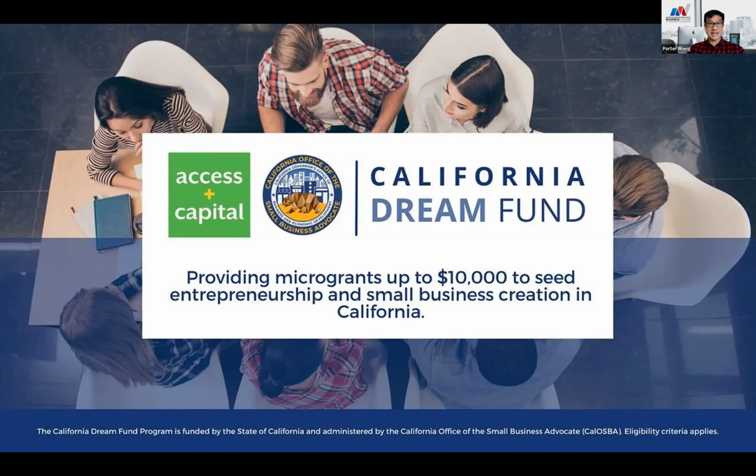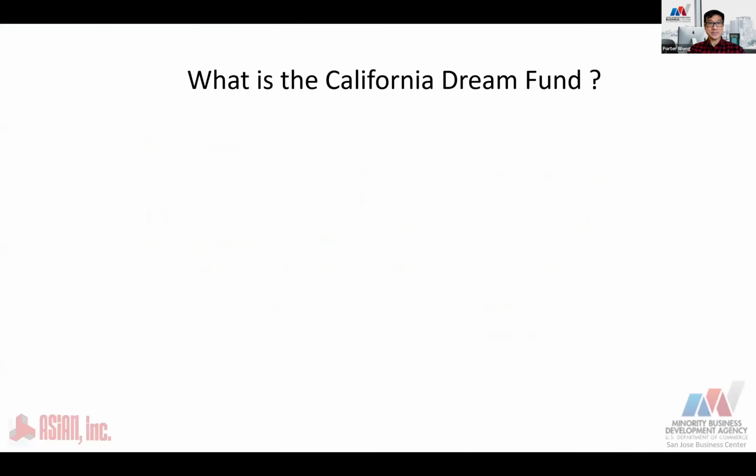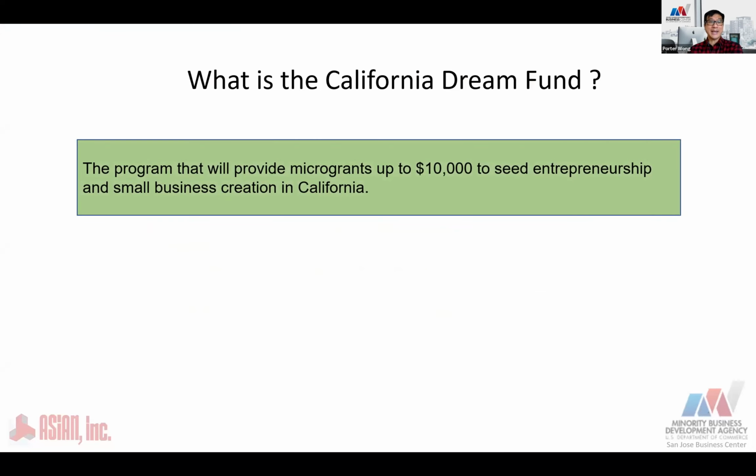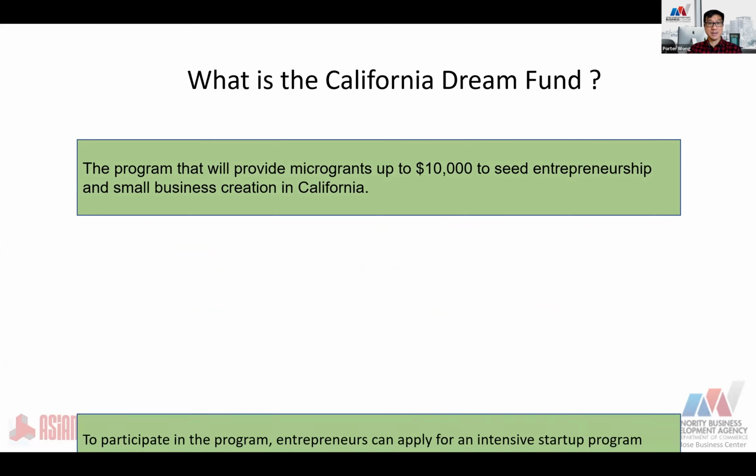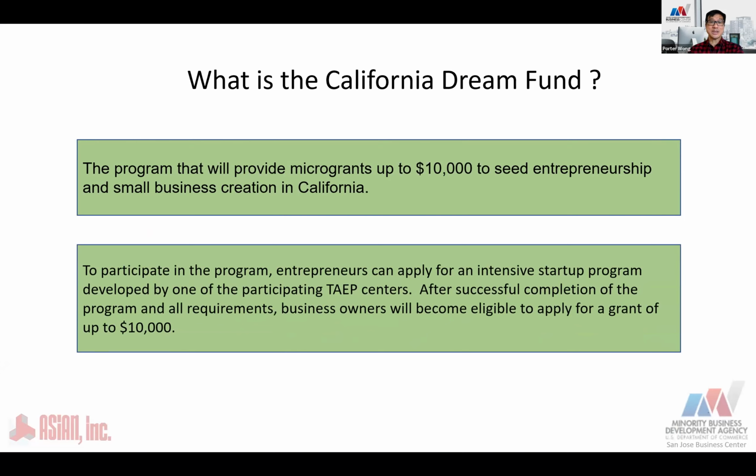Okay, so what is the California Dream Fund program? Again, it's basically up to $10K to seed entrepreneurship and small business. The business has to reside in California, so if your business is registered outside of California, you're not eligible. And as I mentioned before, if you want to apply, you go through the 17 Technical Assistance Expansion Program Centers.